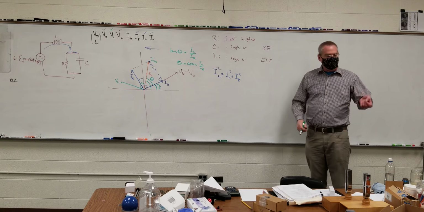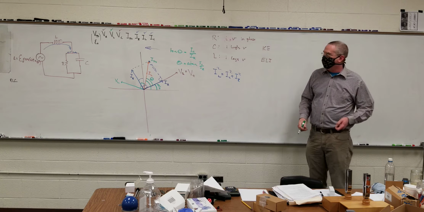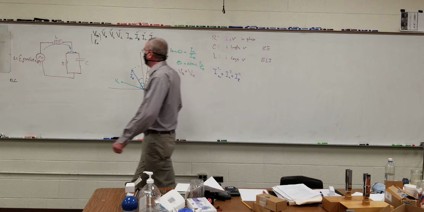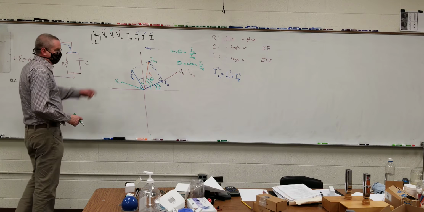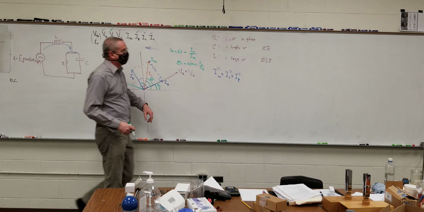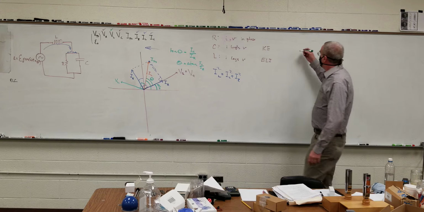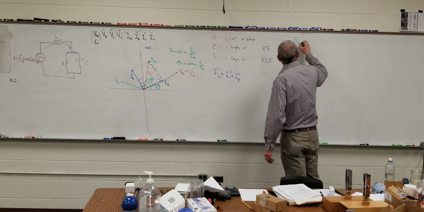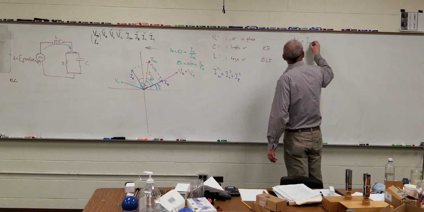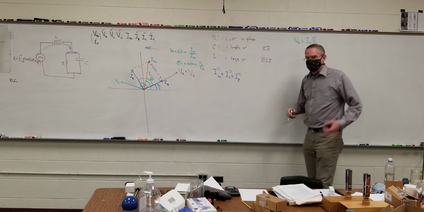If you're not given that, if you're given the voltages instead, which is much more likely, then we need to do a little bit of manipulating here. So we bring in the other set of things that we know. The voltage across the resistor is equal to the current across the resistor times the resistance. Ohm's law.